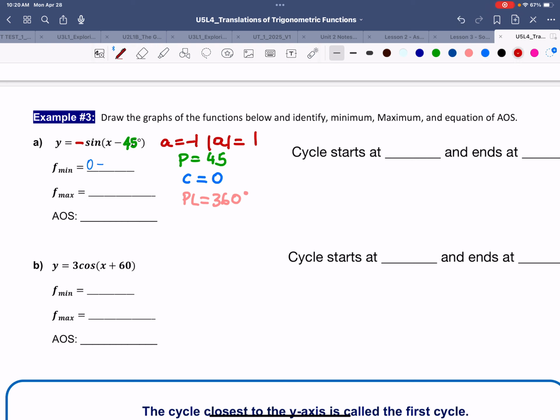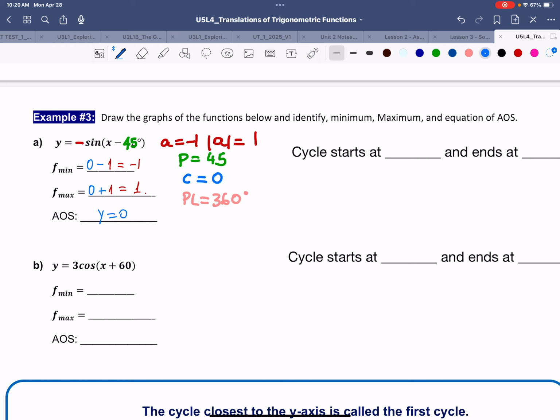And amplitude in our case would be equal to 1, so 0 minus 1 is negative 1. For maximum, we start from the axis of symmetry, which in our case is 0, then we add the amplitude, so 0 plus 1, that would be equal to 1. The axis of symmetry would be at y equals 0.